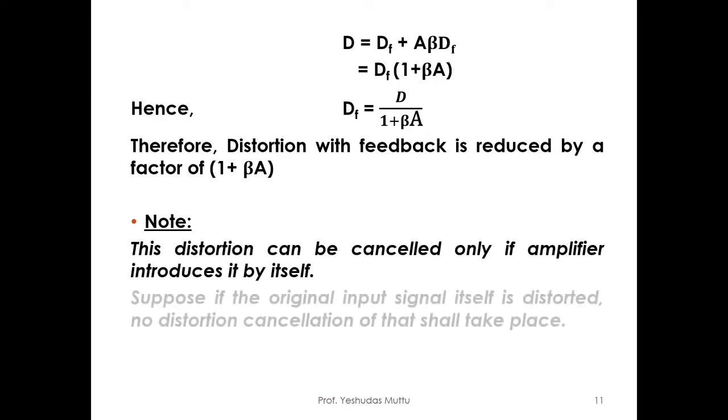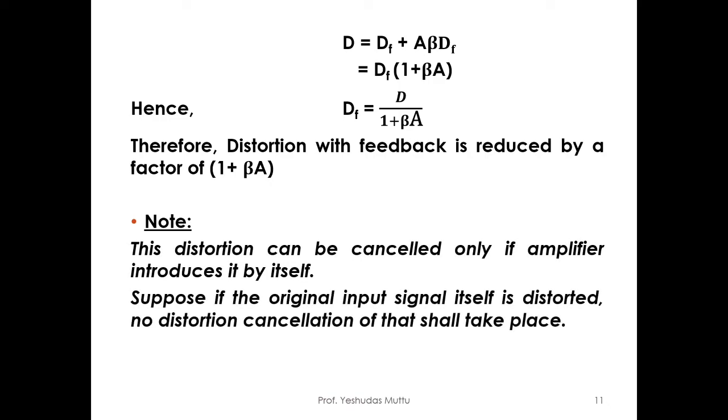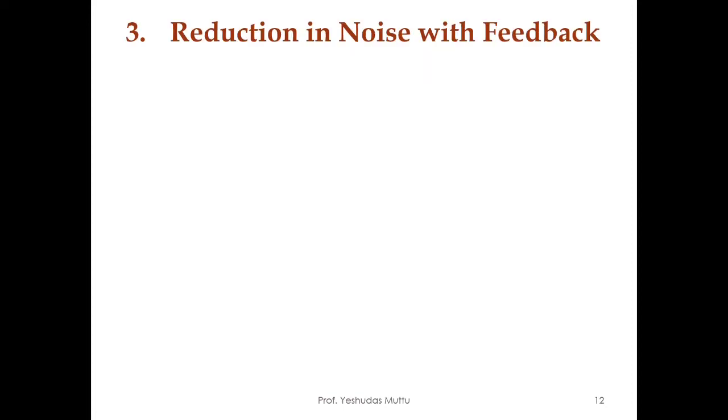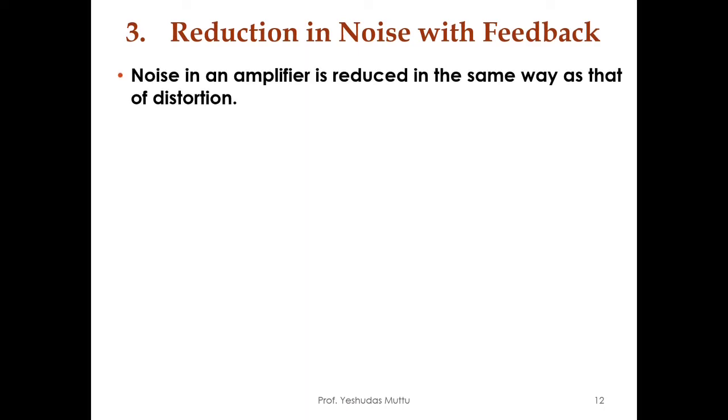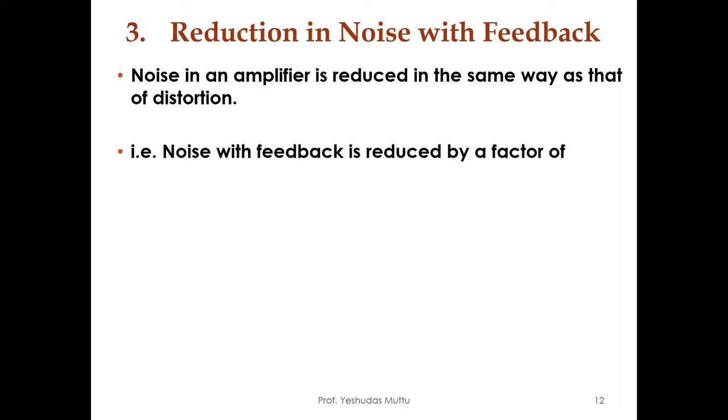This note I have already discussed with respect to input signal. If the input signal itself is having distortion, then there won't be any distortion cancellation that will take place. Coming to the third one, that is reduction in noise with feedback. This is similar to what I spoke about distortion. Only the symbols will change here and there. Noise is reduced in the same way as distortion, with the same factor.